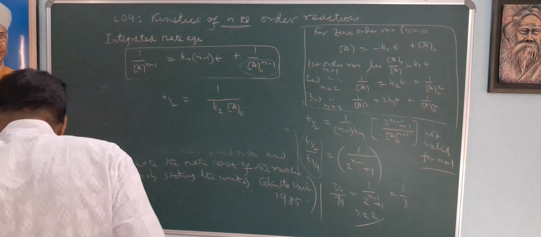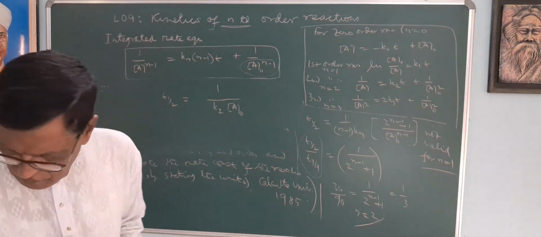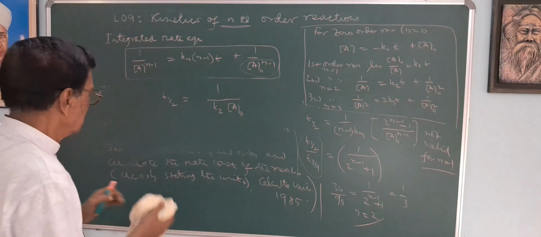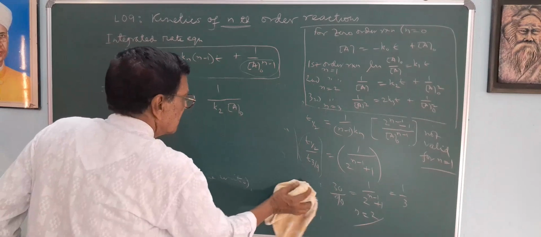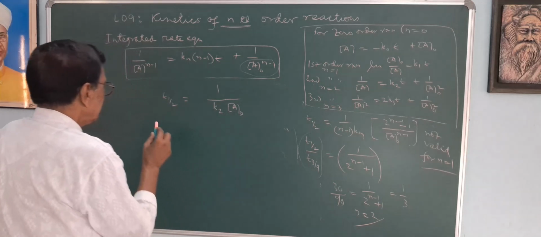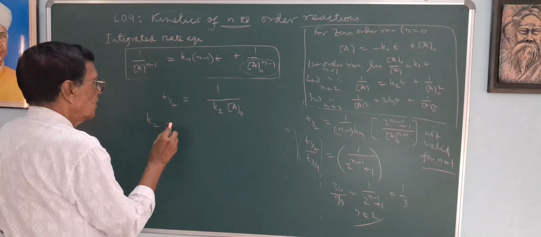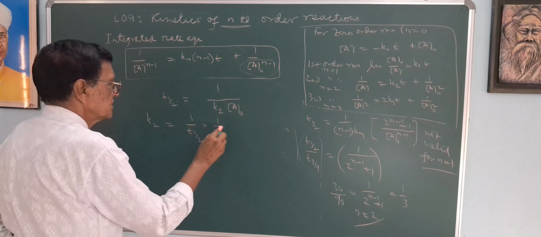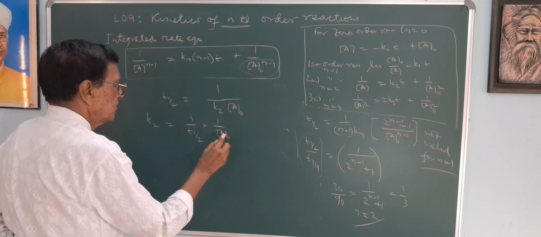Now putting this value, K2 equals 1 by T half into the concentration of A naught.